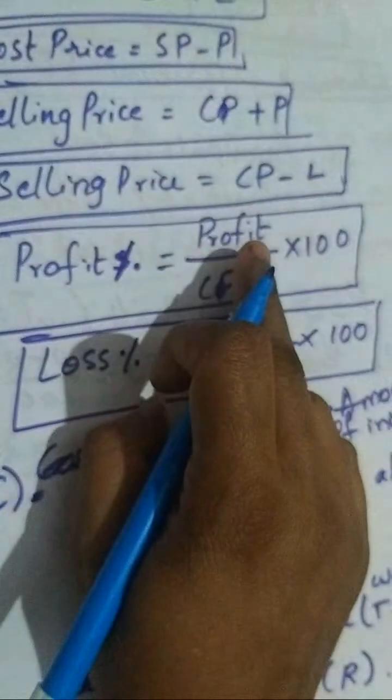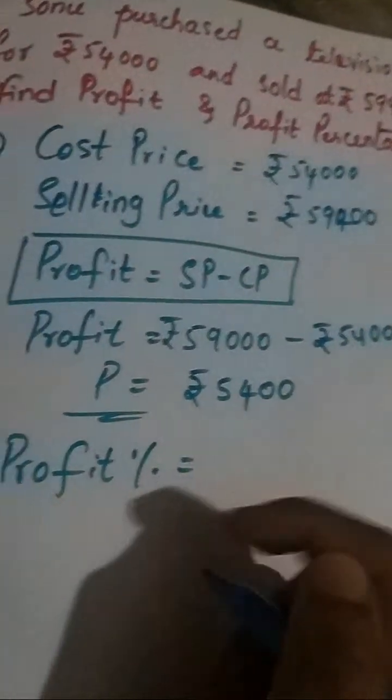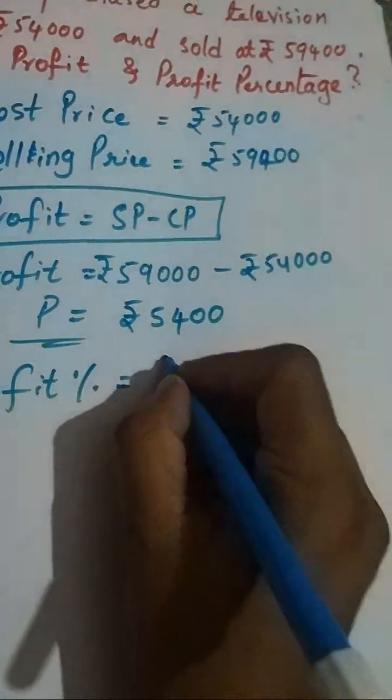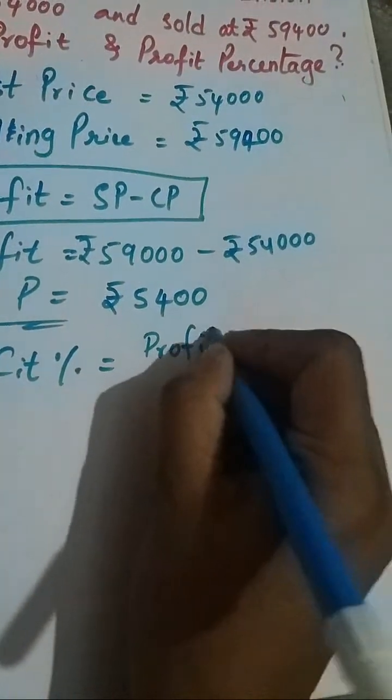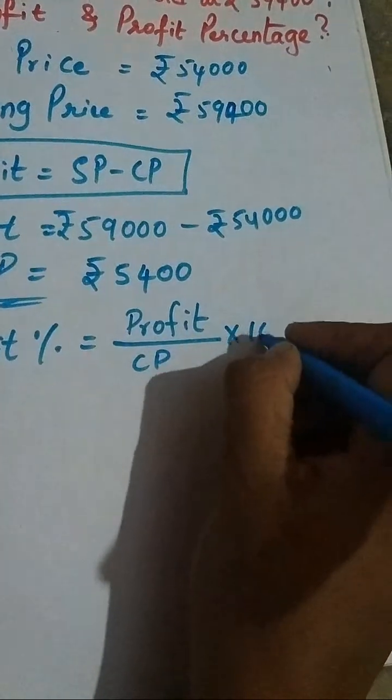Profit percentage is equal to profit by cost price into 100. Now use this formula to find the percentage of profit: value of profit by cost price into 100.